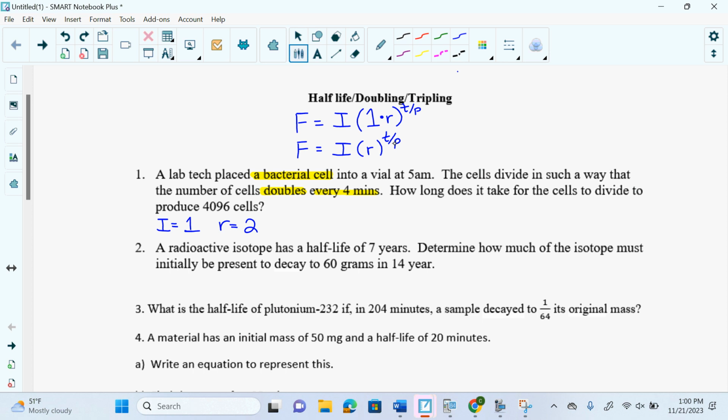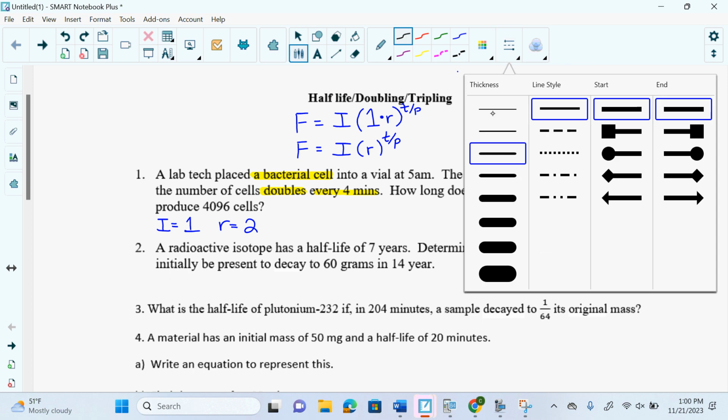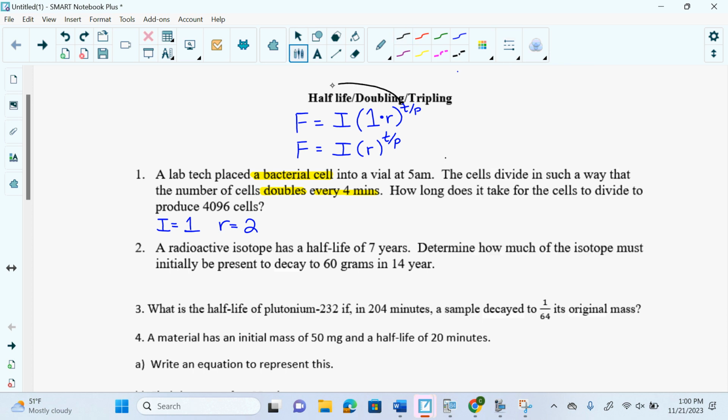So, T is time to reach final. And P is the period. So the period is how long it takes to double, triple, half, etc.